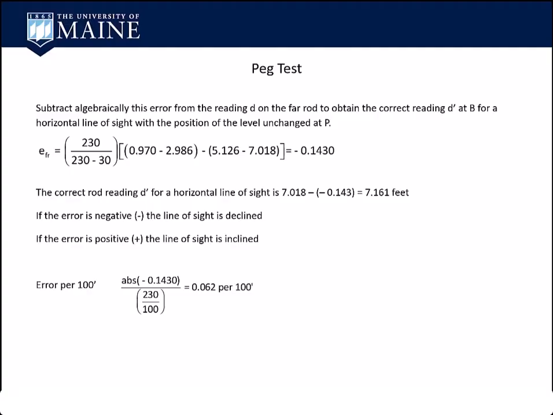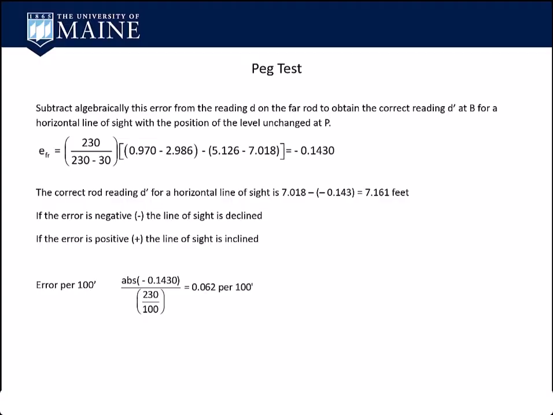Okay, so it's proportionate. We took the distances and multiplied by the difference in the rod readings, and there's our error, negative 0.0143.